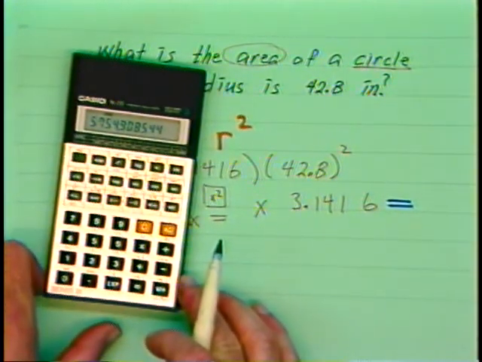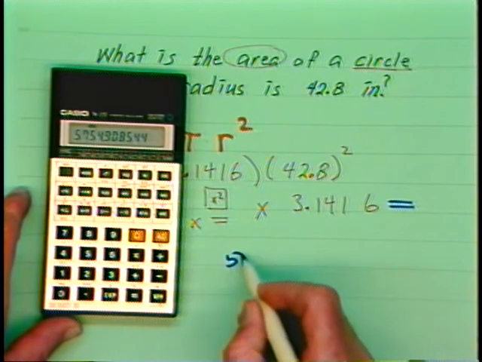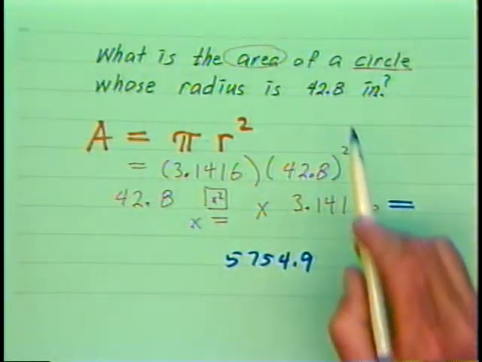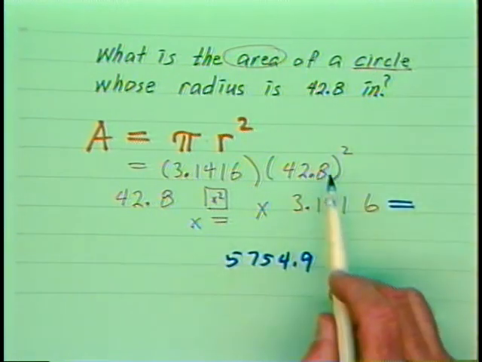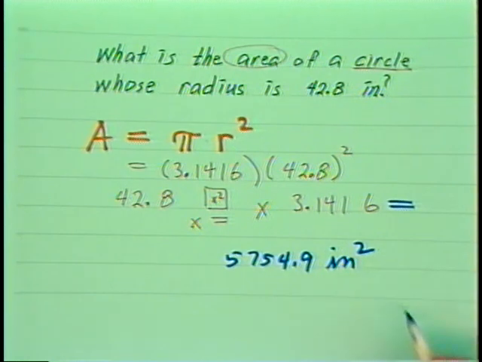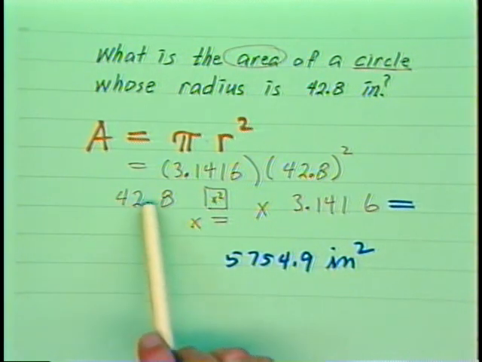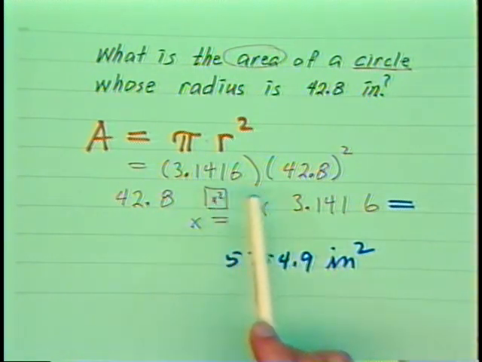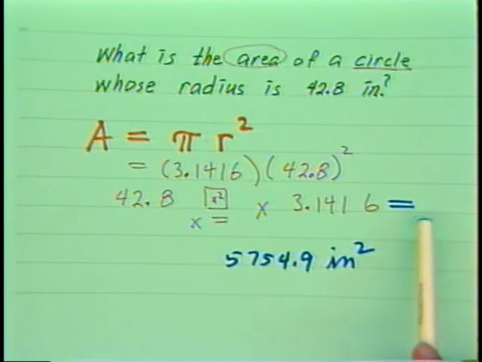And I get that my area is 5754.9, and since the radius was in inches, inch times inch is square inches. Now I could just as well have hit 42.8, then the square key, then times 3.1416, then equal, and of course I'll get exactly the same results.